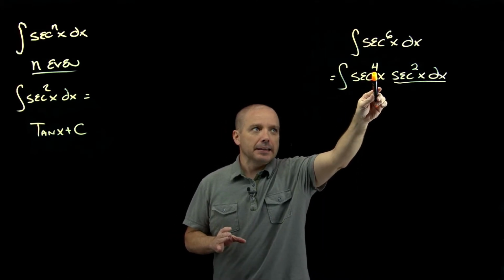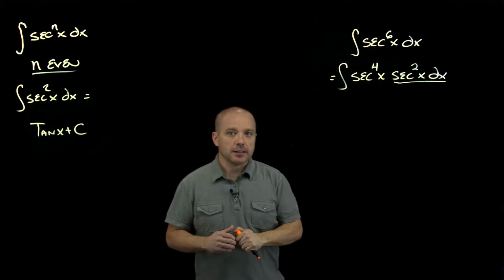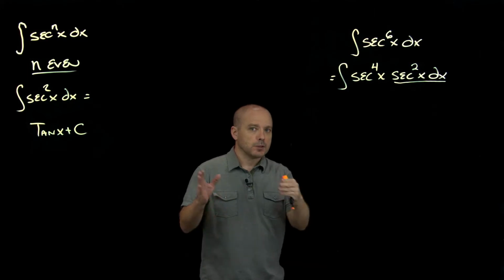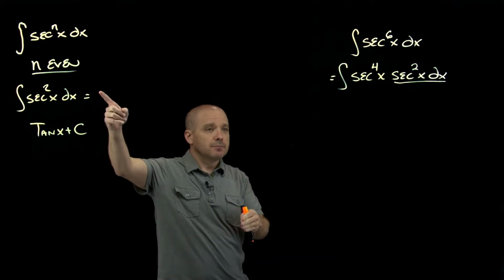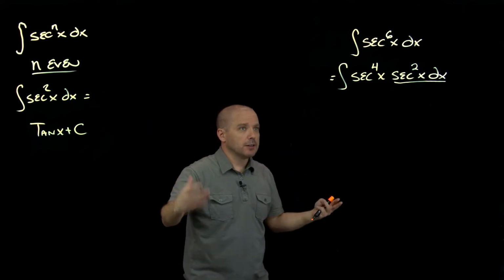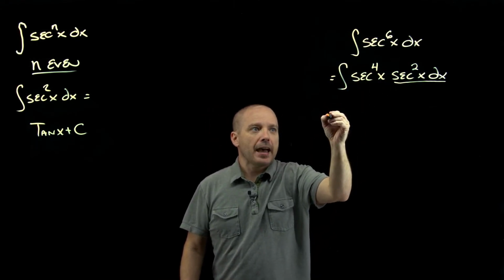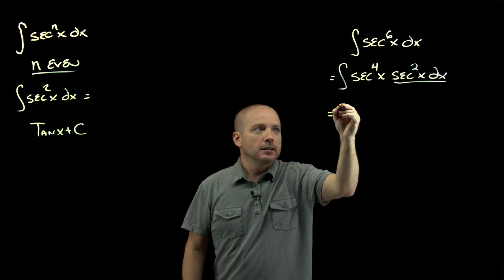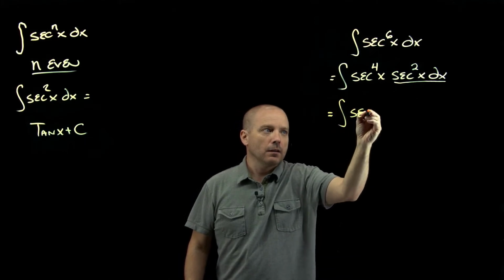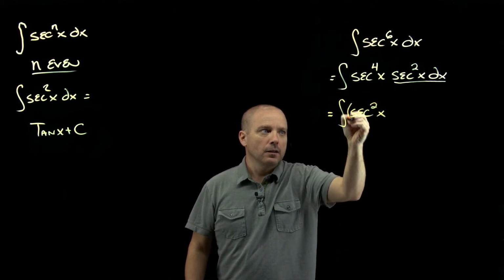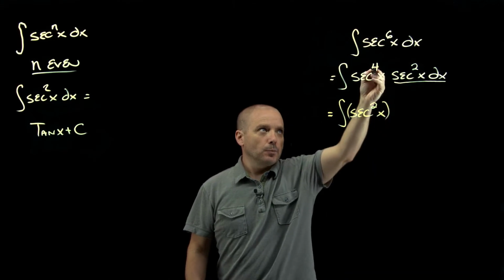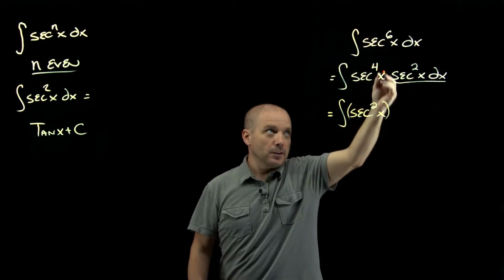Well, the key to this being able to be done is that that is even degree, because we started with even, you take off 2 and you're still even. And because of that, you can write that as secant squared to a power, depending on what your original power was.